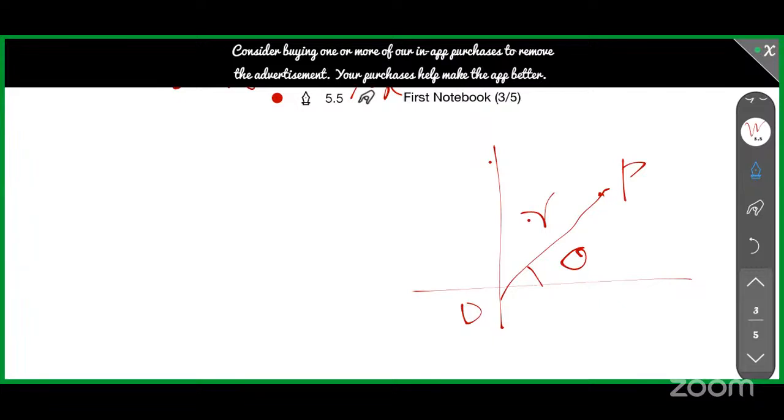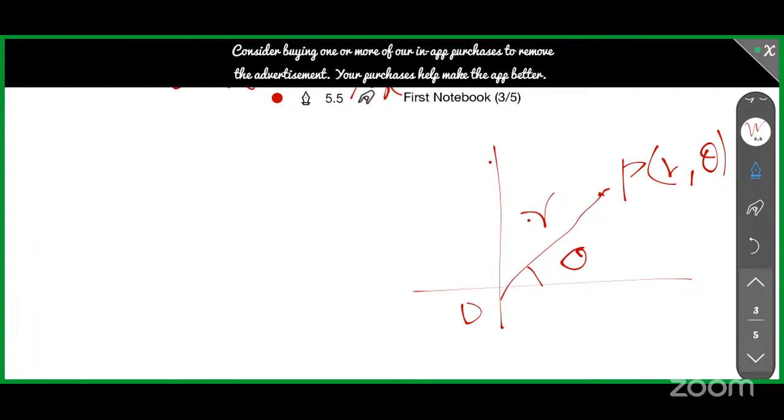And when we represent a point P in terms of r comma theta, then we say that the point r comma theta is the polar coordinate of x comma y.